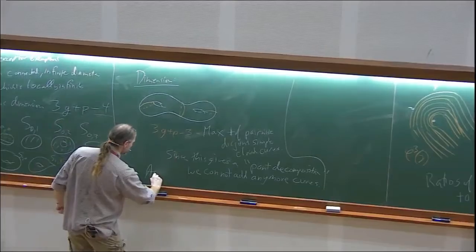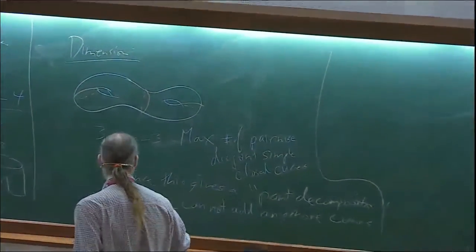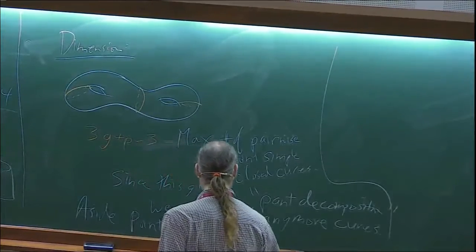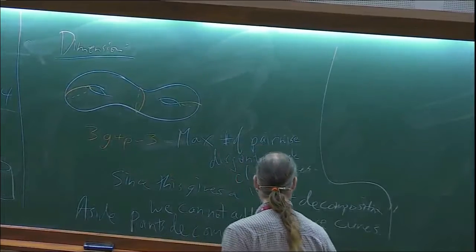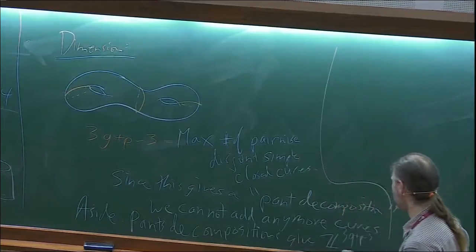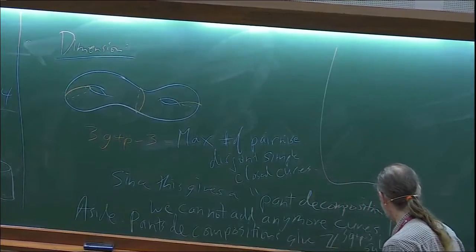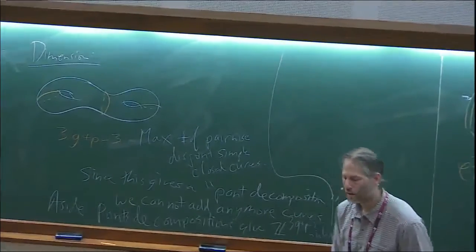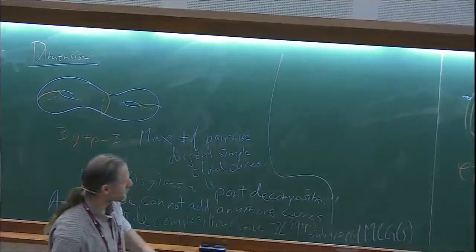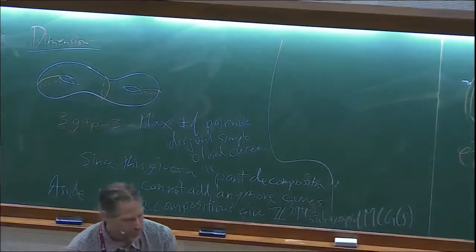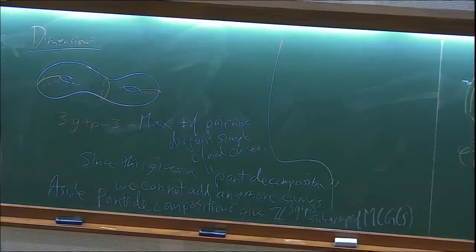So, aside: pants decompositions give Z to the 3g plus p minus 3 subgroups of the mapping class group. We'll come back and talk more about these subgroups later. These are sometimes called Dehn twist flats, and there's actually a geometric reason they're called flats, which we'll return to later.